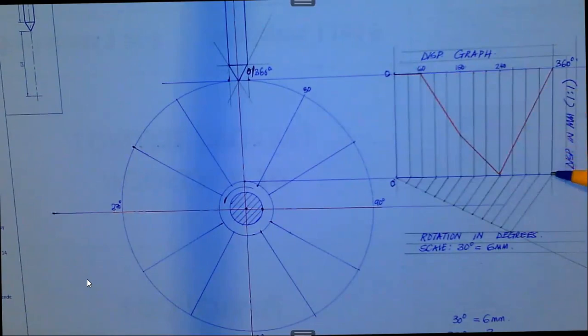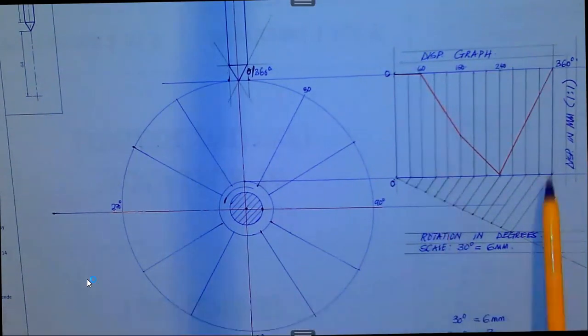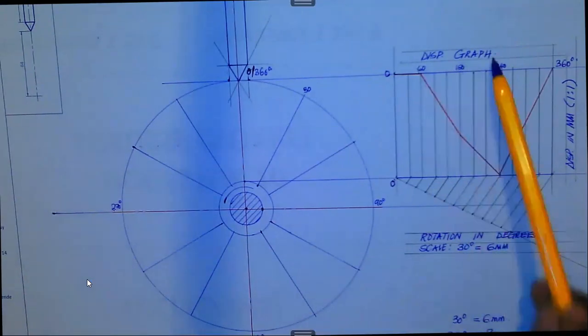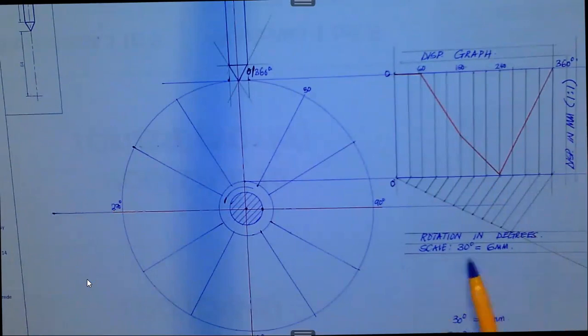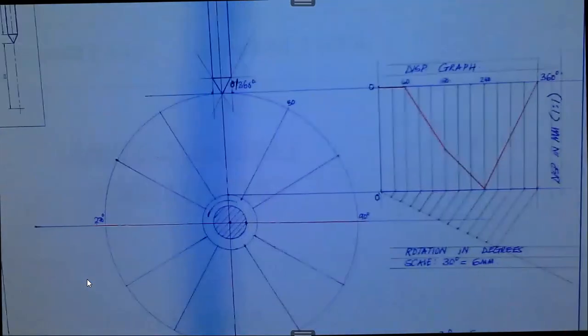So the vertical displacement is in millimeters. 1 millimeter here represents the actual millimeter of the actual movement of the follower. So these are the key labels that you would require: displacement graph, rotation in degrees, the scale 30 degrees is equal to 6 millimeters, then displacement in millimeters, or displacement 1:1 like that.